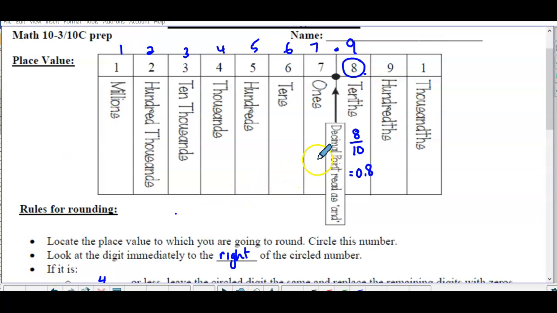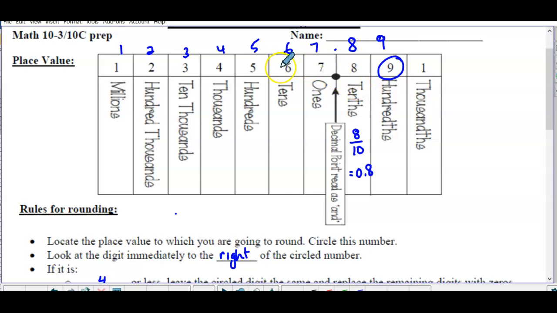If I had asked to round to, say, the nearest hundredth, so let me erase this part here. So say this, round to the nearest hundredth, then look to the right, it's a 1. Well, 1 is less than 5, it's 4 or less, so this would stay the same. And again, you wouldn't fill in with zeros.